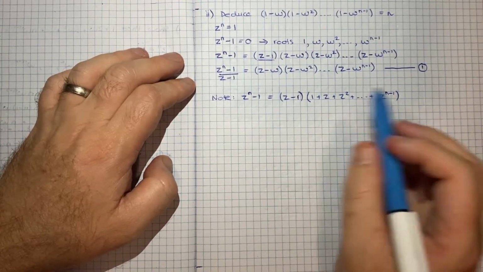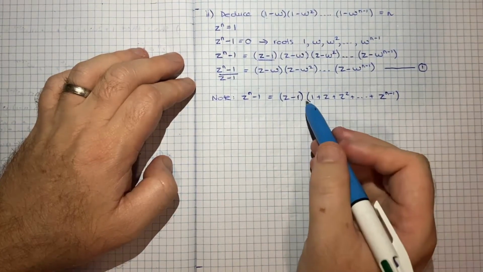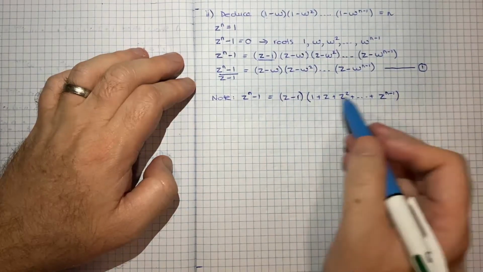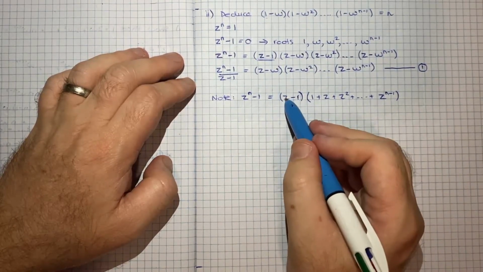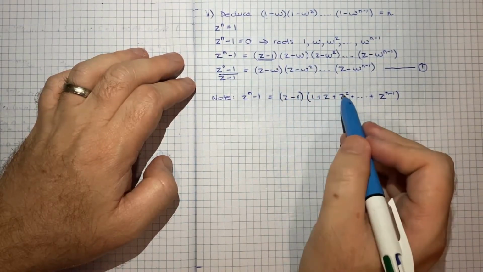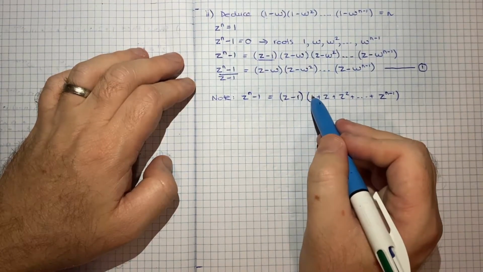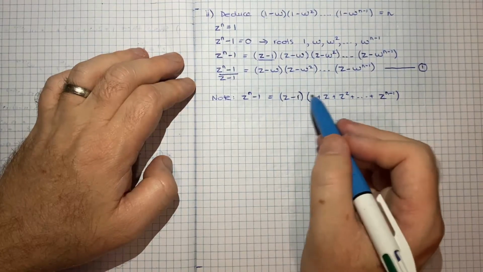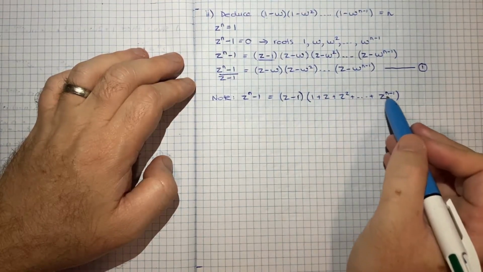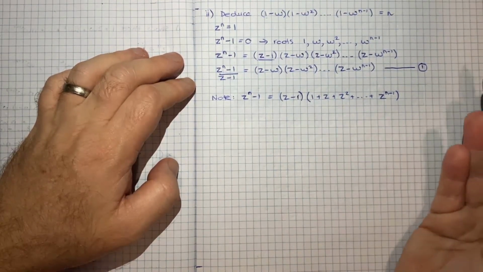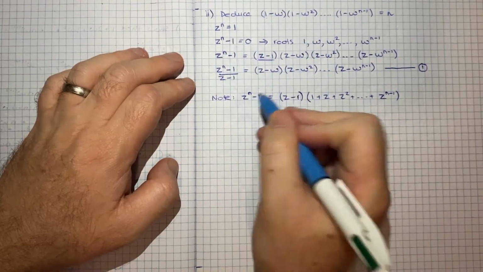If it's the first time you've ever seen this, one way to test it is to try expanding it and see what you get. You get z plus z squared plus z cubed and so on up to z to the n, and then minus 1 minus z minus z squared and so on up to minus z to the n minus 1, and all the items will cancel and you'll just end up with z to the n minus 1.